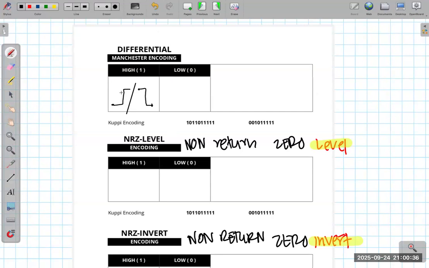If the signal is low, it will go to high, or high to low.